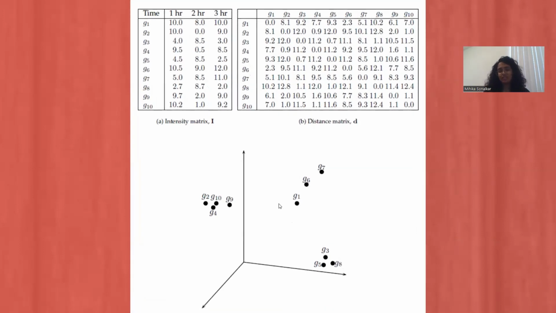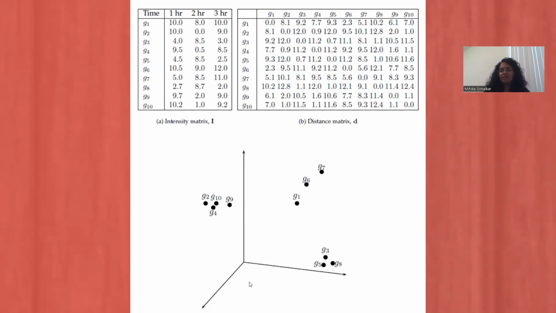To do this clustering, we map our intensity matrix into an n by n distance matrix. This distance matrix helps us understand how similar the expression patterns of these genes are. When they're plotted onto a graph of this sort, we can apply a distance metric like Euclidean distance or Manhattan distance to understand how close these points are to each other.